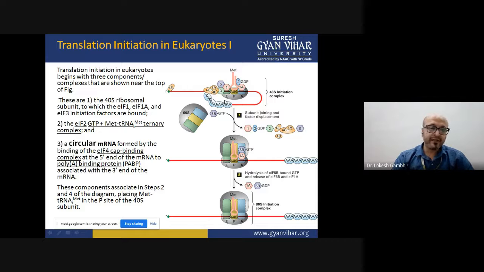Simultaneously, another initiation factor called 5B, which is bound with GTP, is responsible for bringing the 60S ribosomal subunit to the site, and then a properly aligned ribosome will be formed.